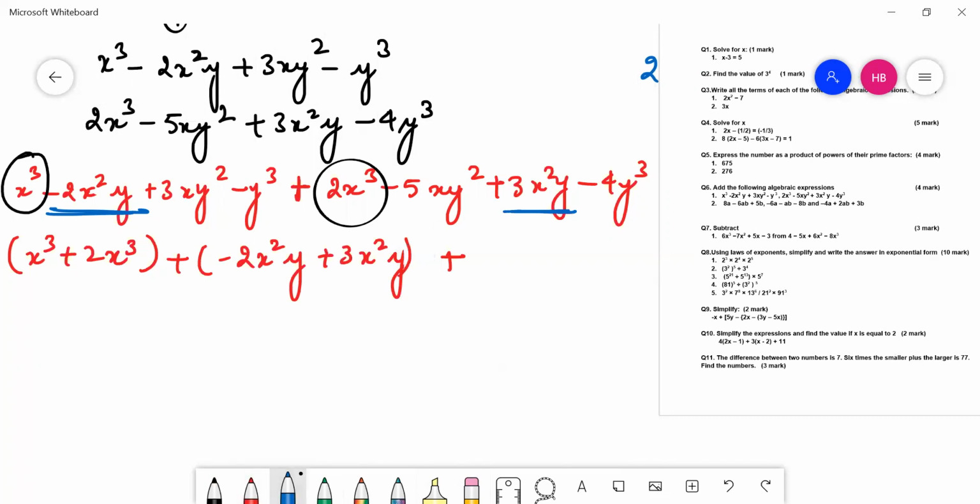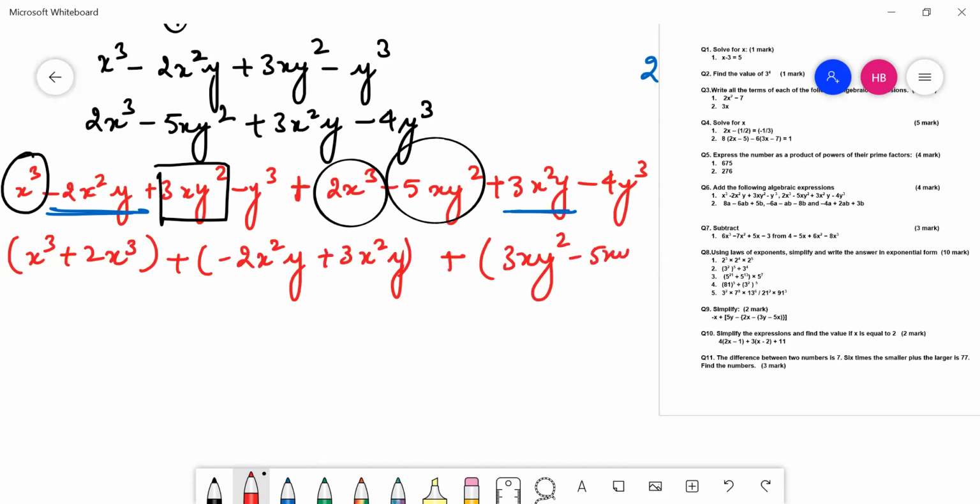Let me check if there is any other term which has xy square as its variable. Yes, there is one. So 3xy square and minus 5xy square are like terms, and I'm going to group them together. At last y cube is left, so minus y cube and minus 4y cube are like terms. So I'm going to write it like this.